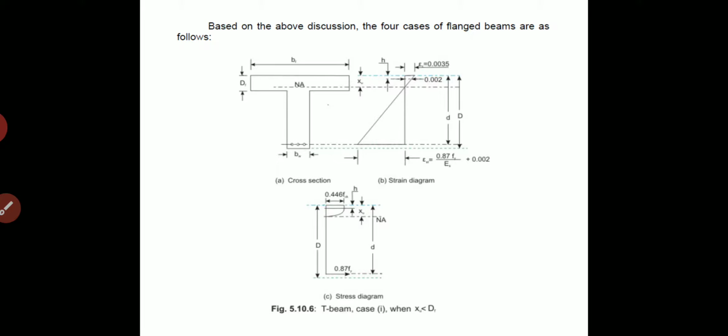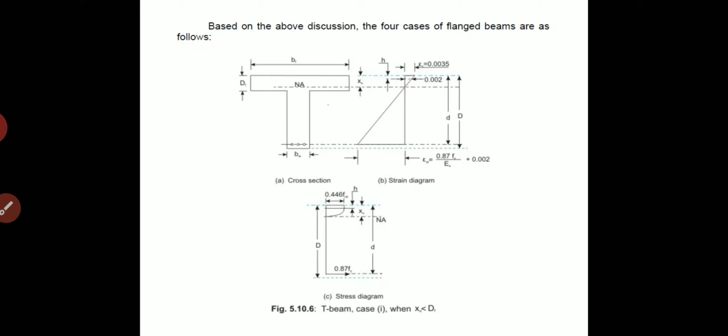In the previous video we discussed the T-beam, with maximum strain on the compression side 0.0035 and maximum strain on the tension side 0.87 Fy divided by Es plus 0.002.